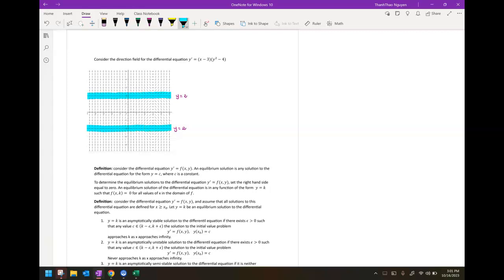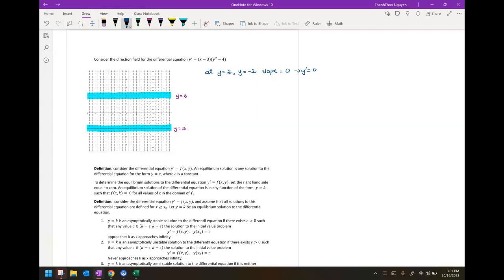Yeah, the slope is 0. So note that at y equals 2 and y equals -2, the slope equals 0. That would mean y prime equals 0.